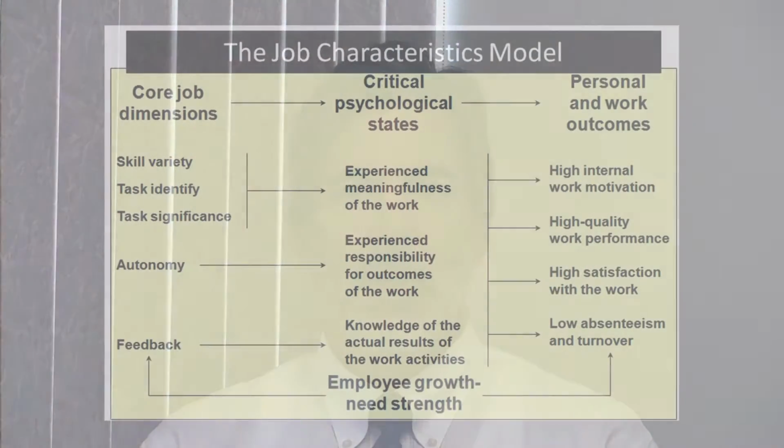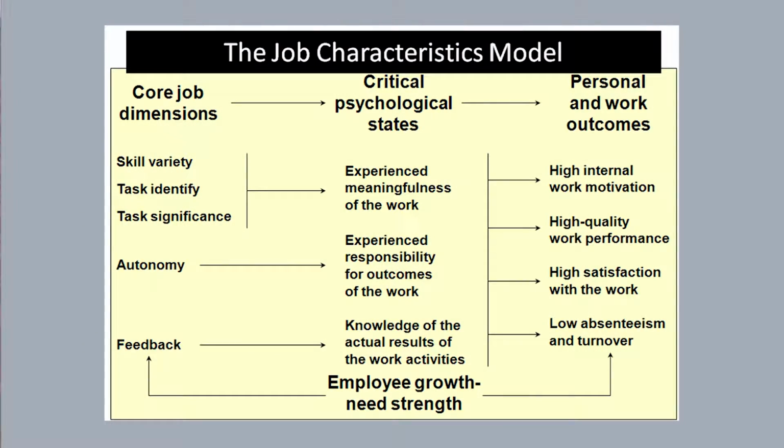Let's take a moment and look at this diagram as well. This graphic shows how those job characteristics foster positive psychological states leading to positive outcomes. In other words, it shows how the core job characteristics affect employees and affect the outcomes that we're interested in.